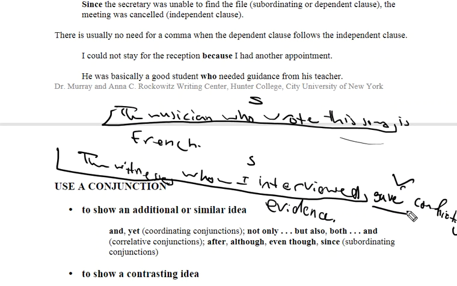What did they give? Conflicting evidence. That's the object. The evidence, of course. Which type of evidence? Conflicting. So here the object is being preceded by an adjective. That's it for who and whom.